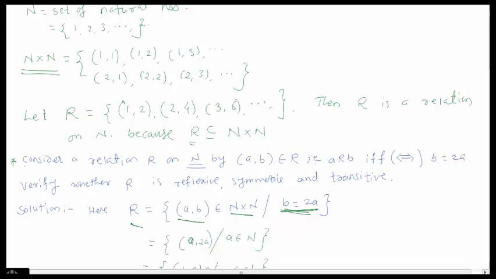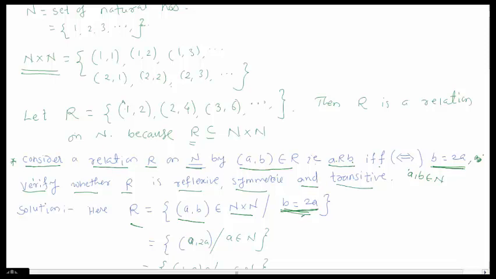See here, this example is given. Consider a relation R on N defined by: the ordered pair (a,b) belongs to R, that is, a is R related to b, if and only if b equals 2a, where a and b belong to N. So a and 2a are the only related elements. Verify whether this R is reflexive, symmetric and transitive.